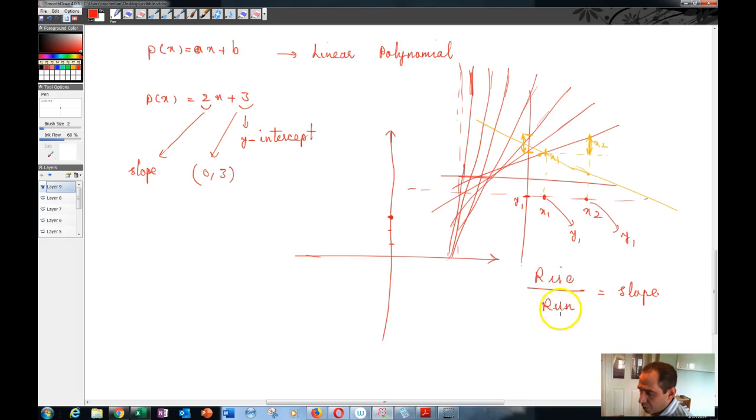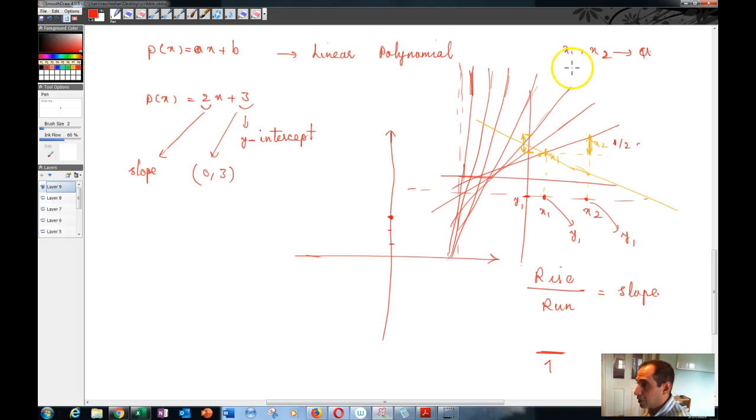So, for example, if your run is equal to 1, meaning that your horizontal change is 1, let's take this as 1 unit, and let's say that this is half a unit. Let's call the distance between x1 and x2 a units, and let's say that this distance over here is half of that distance.